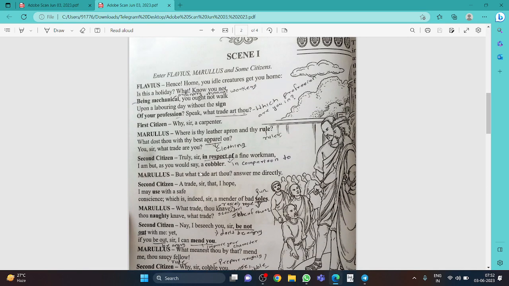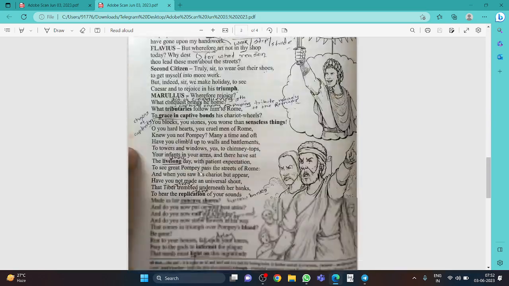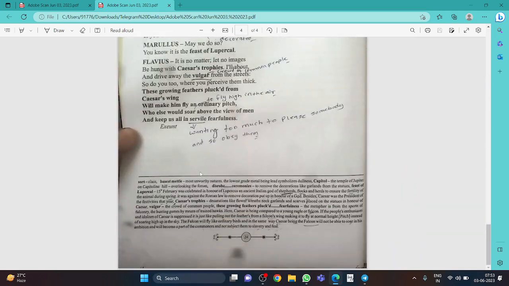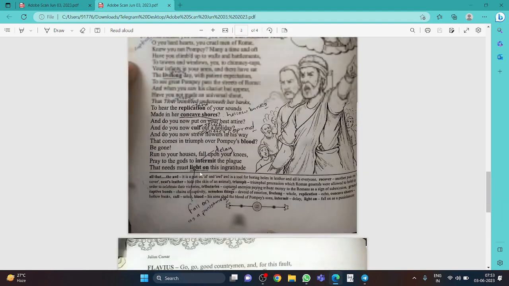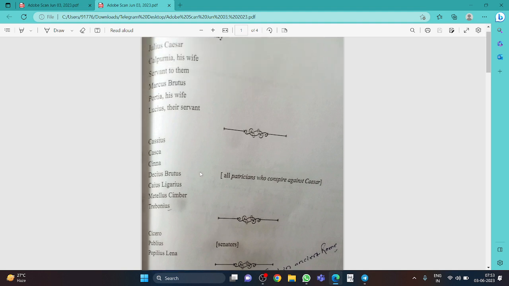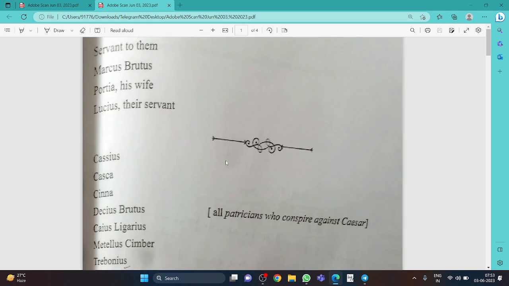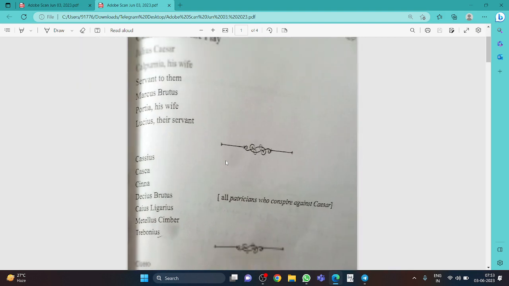After that we will understand act 1 scene 1, and I'll try to cover all the lines in this very video. So it's my humble request to all the students of class 9th to stay till the end of this video, and I guarantee that you will be able to understand each and every line of act 1 scene 1. So without wasting your time, let's go ahead and try to understand the characters first.